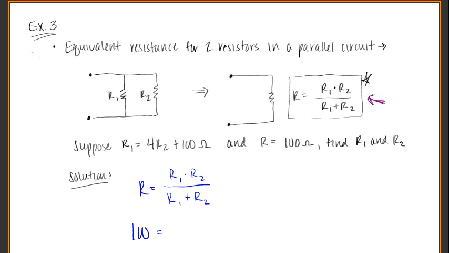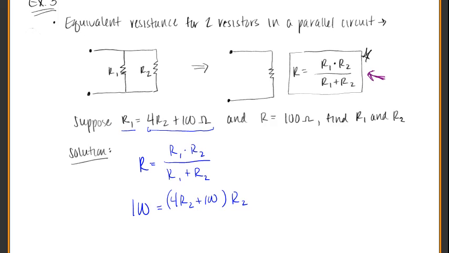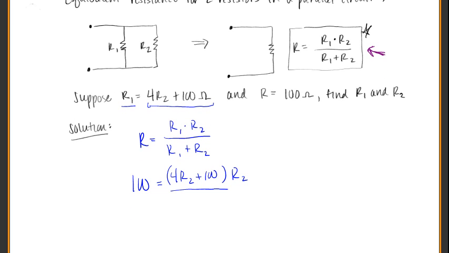So I'll say 100 is equal to R1, which is all of this right here, so it's equal to 4R2 plus 100. Just taking off my units when I'm doing this. Times R2 all over R1 plus R2. Well, R1 is 4R2 plus 100 and then plus R2.